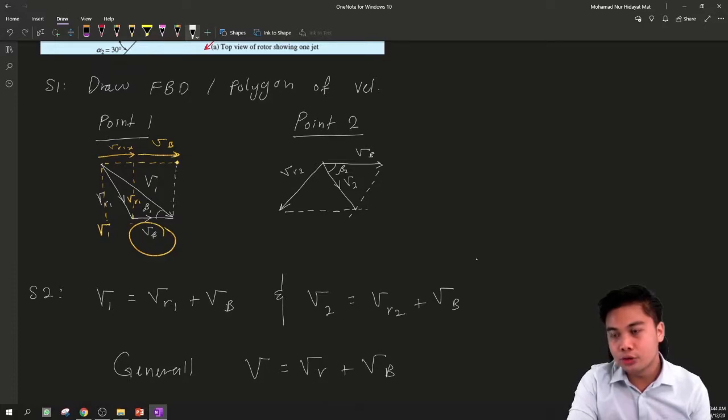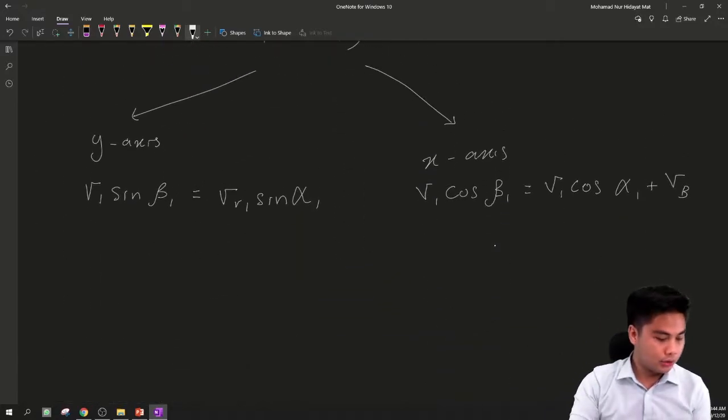In order to make it balance, VR1x plus VB. So VR1x is equal to VR1 cos alpha 1, because alpha 1 is related to the relative velocity 1, plus VB.